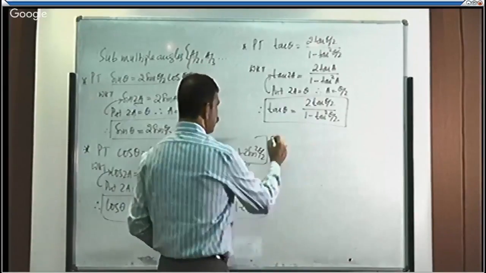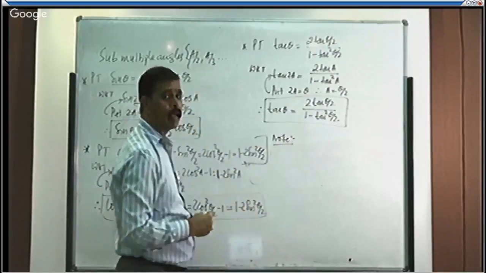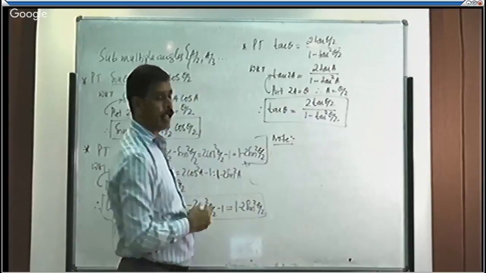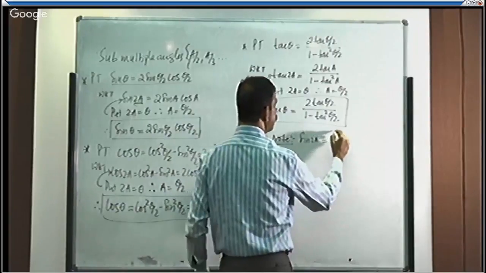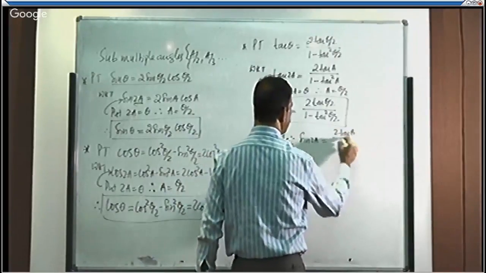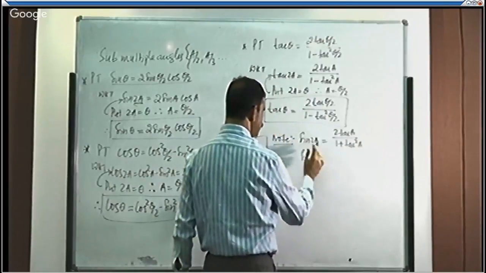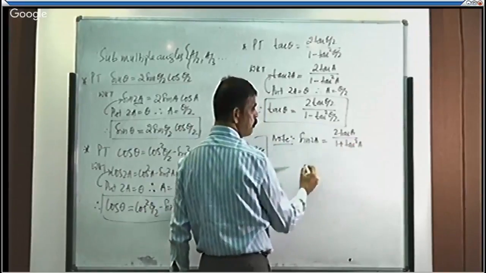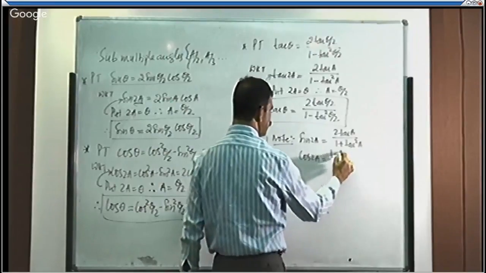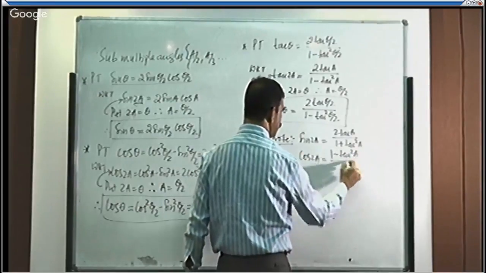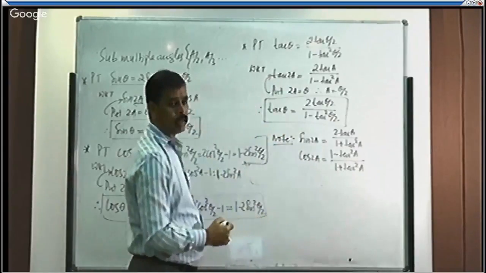Please remember that sin 2a and cos 2a can also be expressed in tan a. Sin 2a is equal to 2 tan a by 1 plus tan square a. Cos 2a is equal to 1 minus tan square a divided by 1 plus tan square a. This is for the 2a formula.